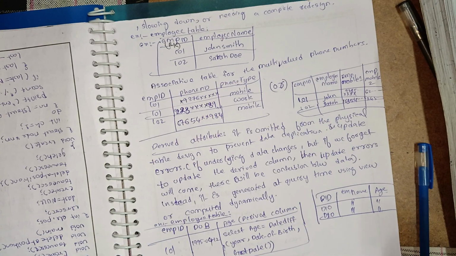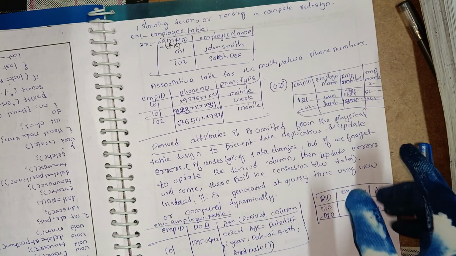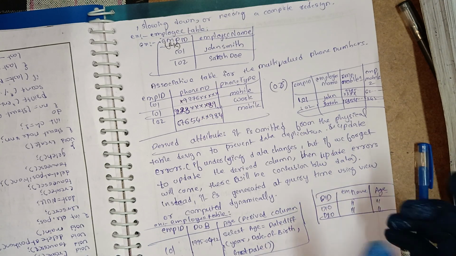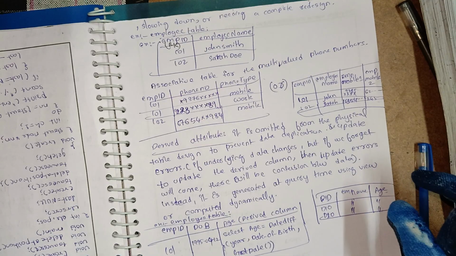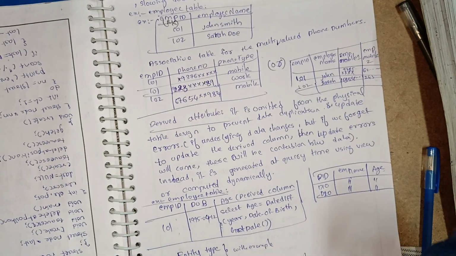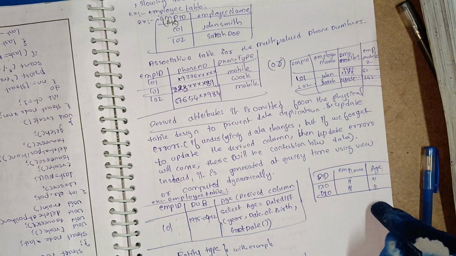If we derived the age of a particular person ABC earlier, and we query the person's age, ABC's age is 30.